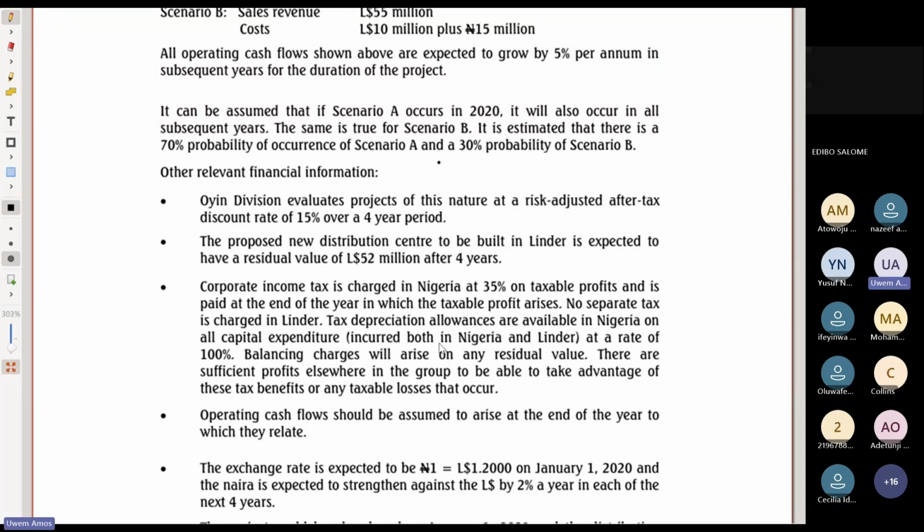Tax depreciation allowances are available in Nigeria on all capital expenditure incurred both in Nigeria and Linda at a rate of 100%. Balancing charges will arise on any residual value.